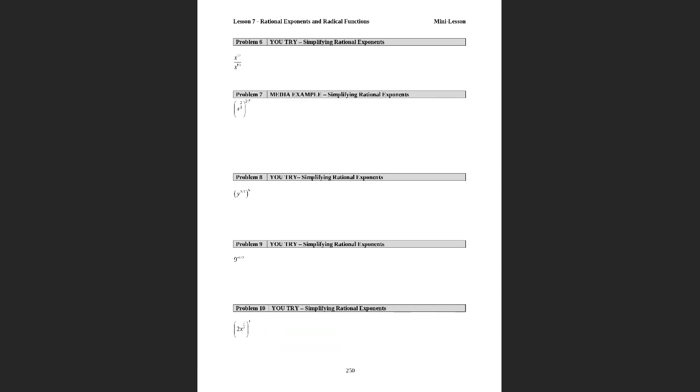Remember that with this, we've got 2x to the power 1/2, all to the power 4. So the 4 outside affects this, and it affects that. Remember this is 2 to the power 1, and any number to the power 1 is that same number itself. So 1 times 4, remember the rule: if you have an exponent like this, you multiply.